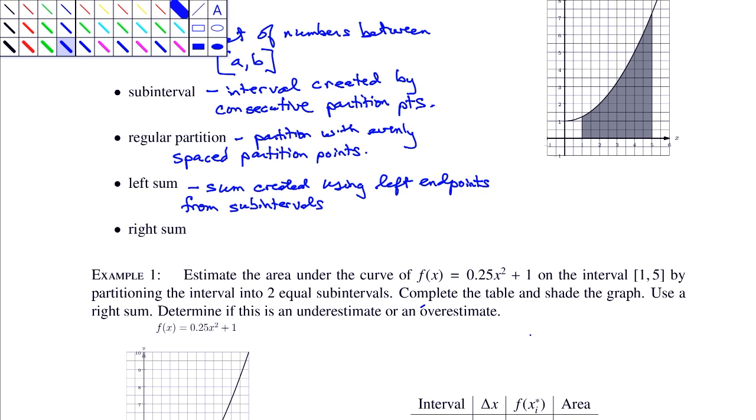And of course, a right sum is a sum created using right endpoints from subintervals.